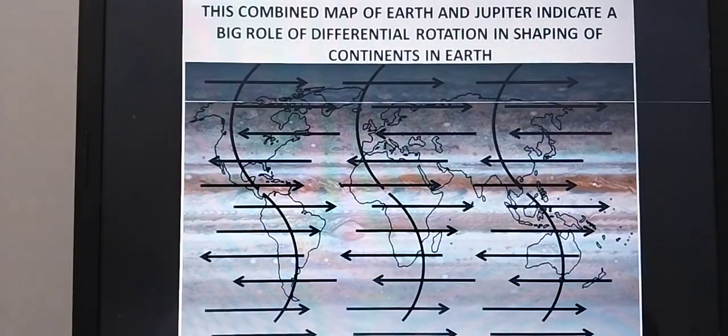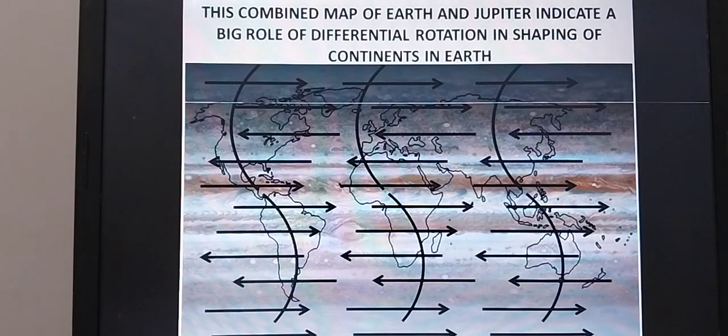So you can see that the combined map of Earth and Jupiter indicates a big role of differential rotation in shaping of continents in the Earth.